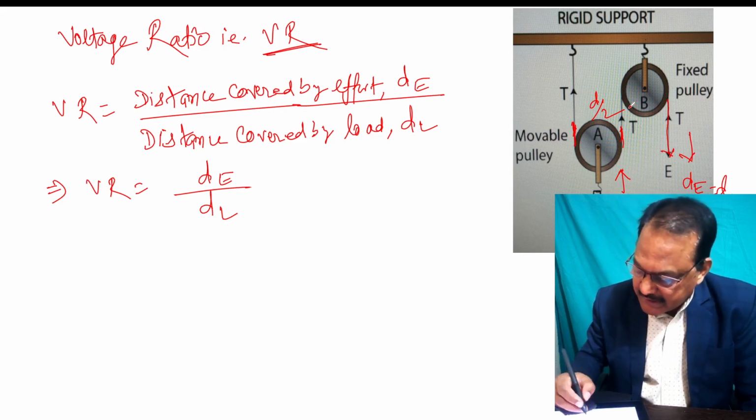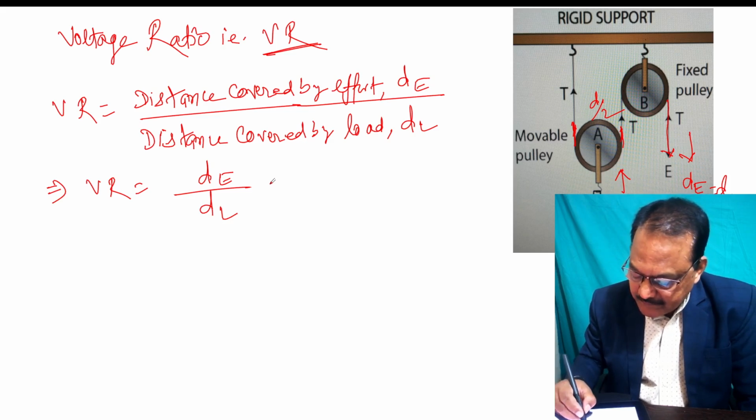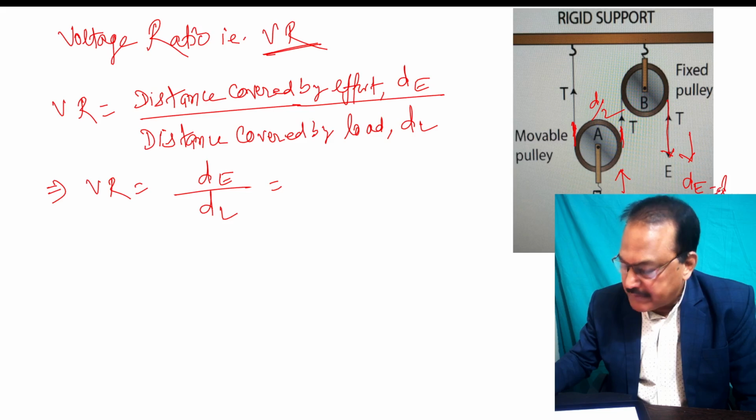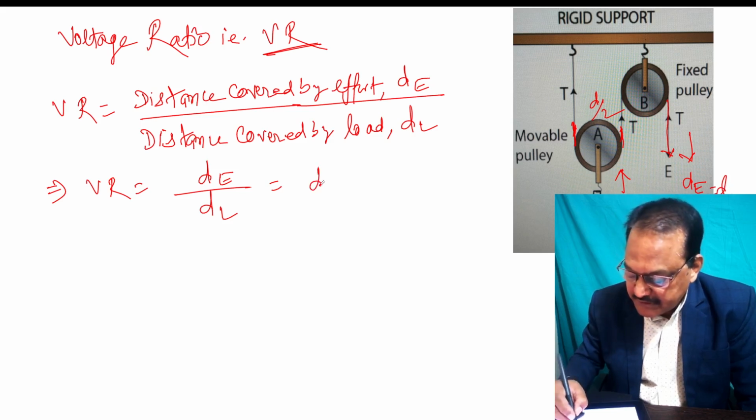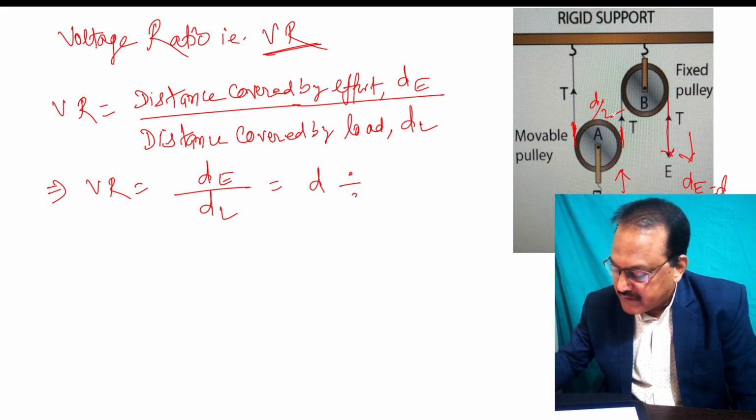So we can write dE, the value of d that we have assumed, divided by dl, which is d by 2.